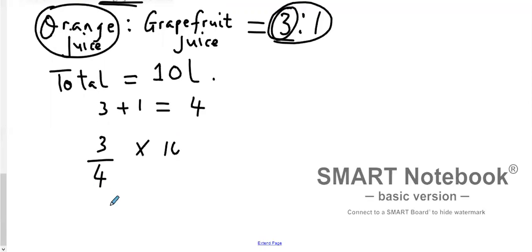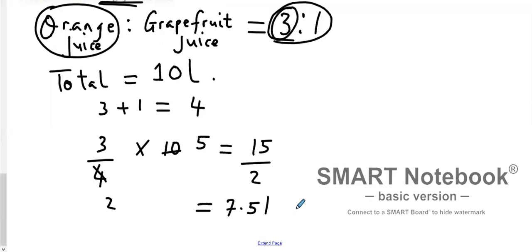Dividing by 2, 4 becomes 2, and 10 becomes 5. So 3 times 5 is 15 over 2, and this gives you as a decimal 7.5 liters. This is of orange juice.